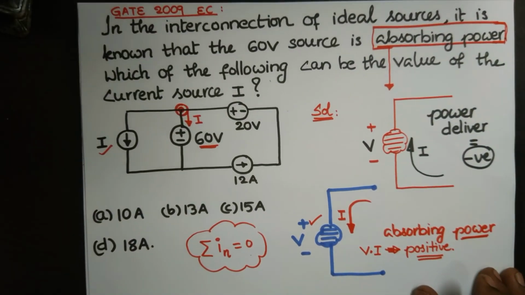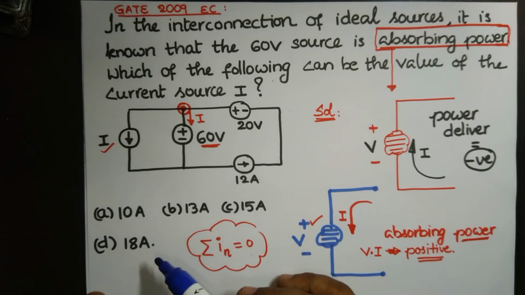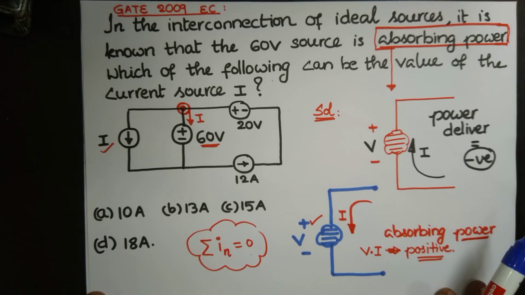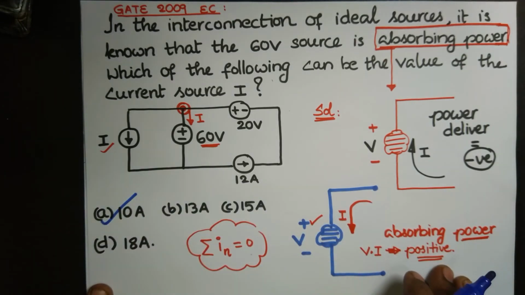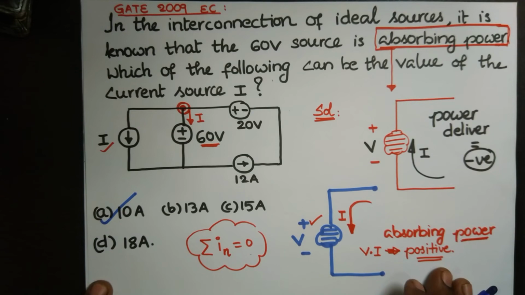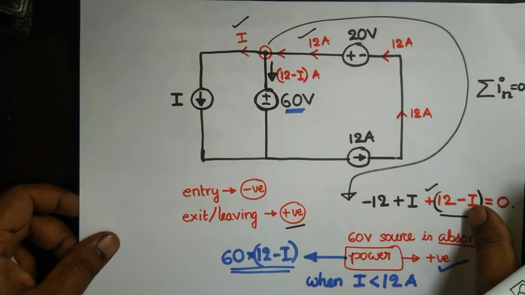From the options 10, 13, 15, 18, the only option less than 12 is 10 amperes. Fortunately we don't have to pick none here, so we can take I equal to 10 amperes, and we can satisfy this.